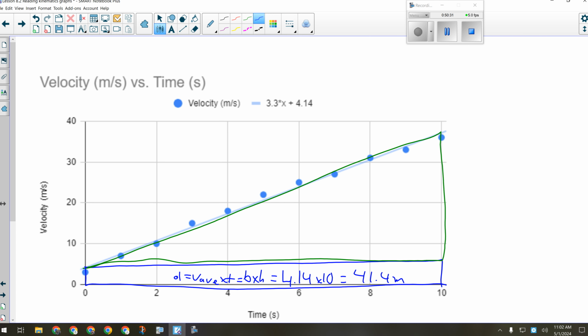Now, to calculate the area of a triangle, I need the base, 10 seconds, I'm good there. And I need the height of the triangle. I don't have that, do I? I don't know where exactly this line is at 10 seconds. Could I calculate the height of that line at 10 seconds?